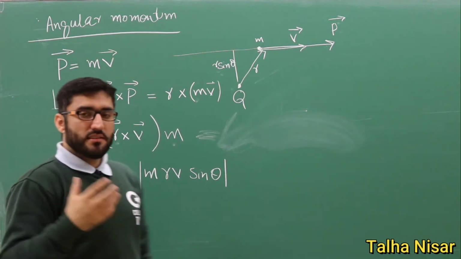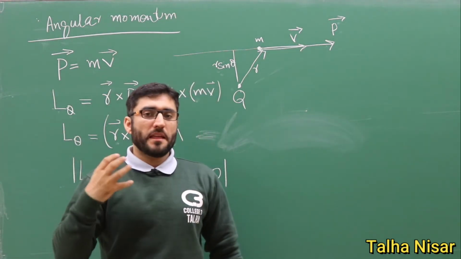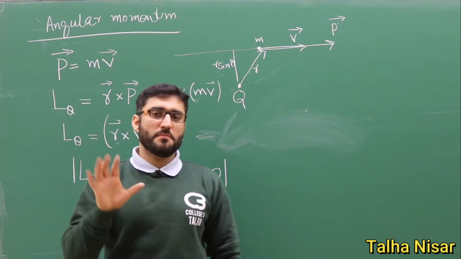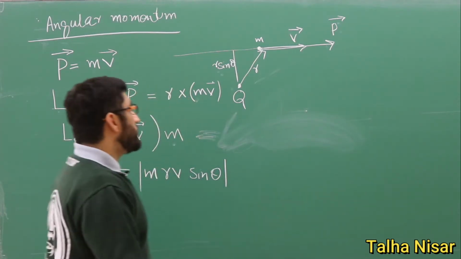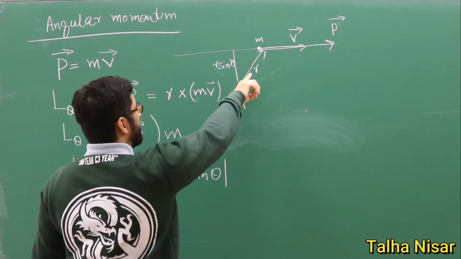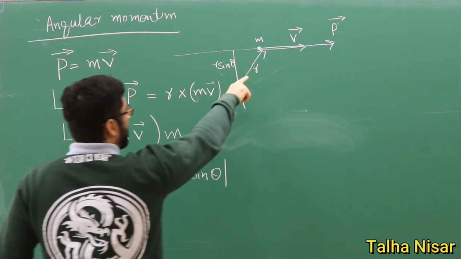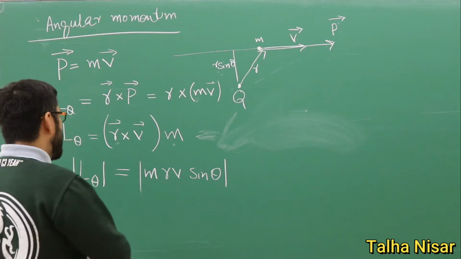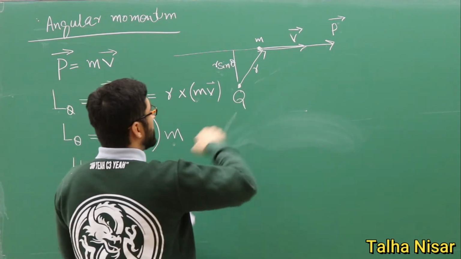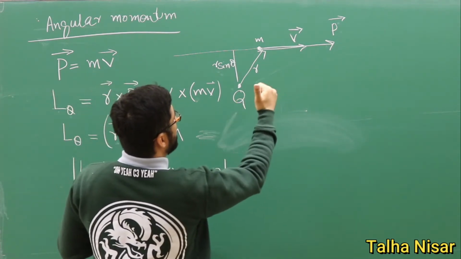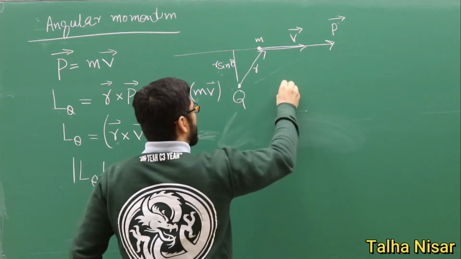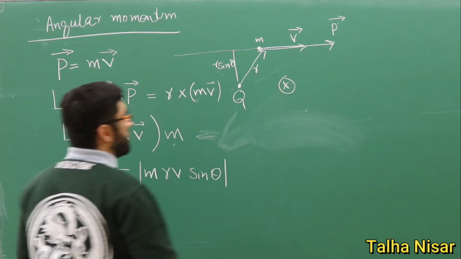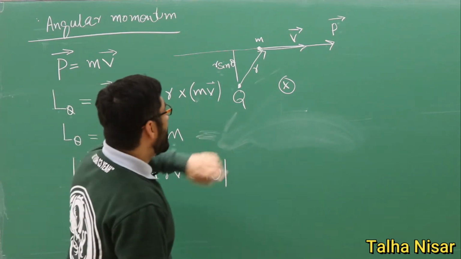The direction of the cross product is determined by the right hand rule. So we have r cross v, and in this case we can write that it's out of this board here.